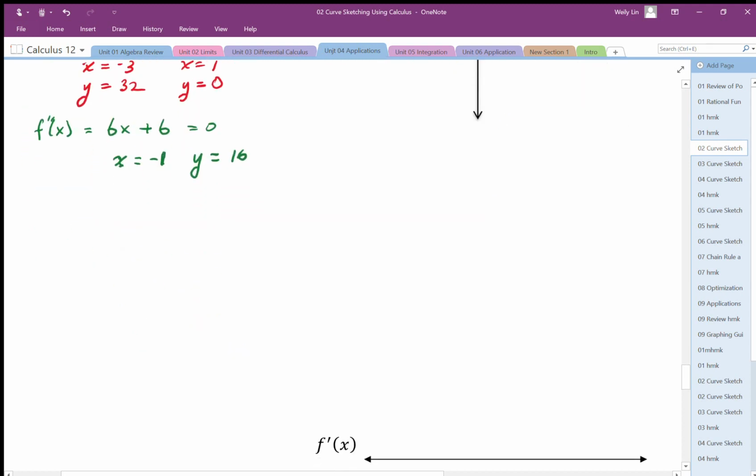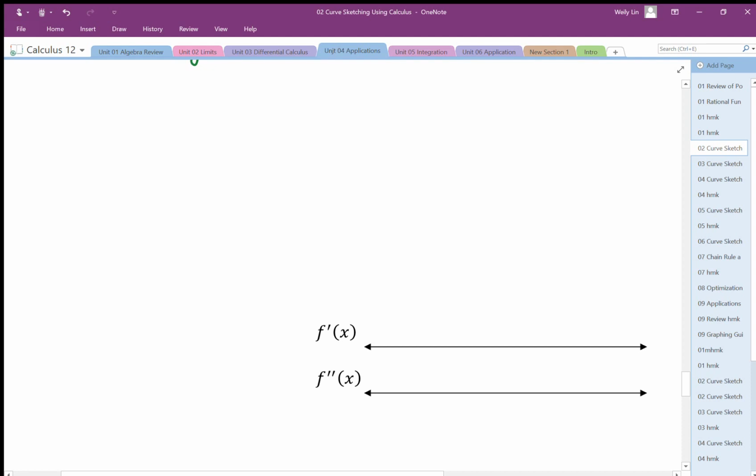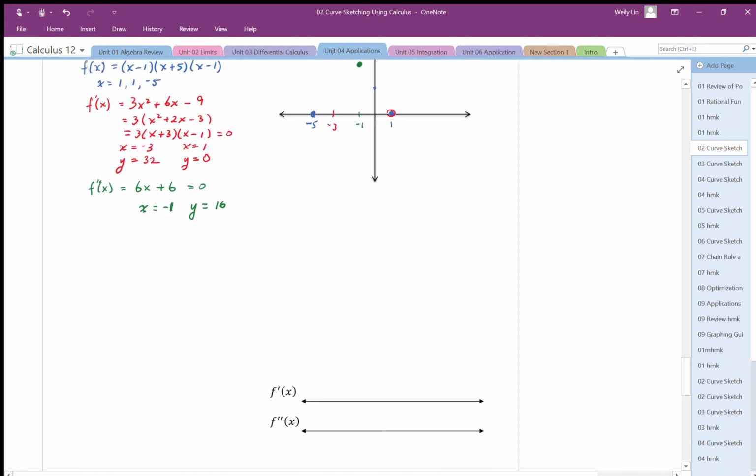Okay, when I do my chart, I'm just going to shrink this a little bit so you can see my chart. My slope chart, I need to mark -3 and 1. Those are my 0 slopes. And I can test my slopes. F prime at, let's say, -4.